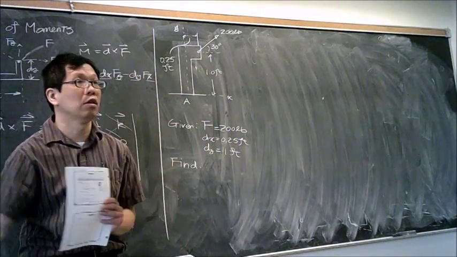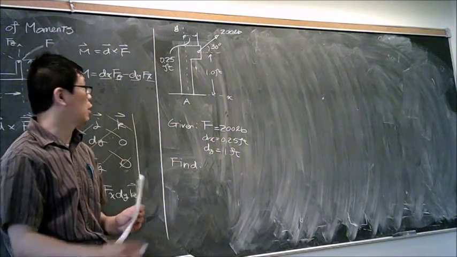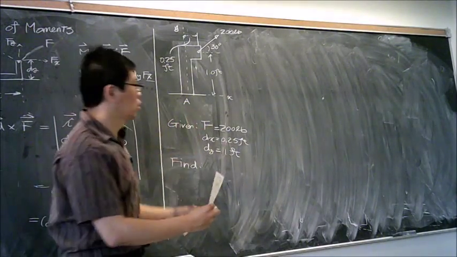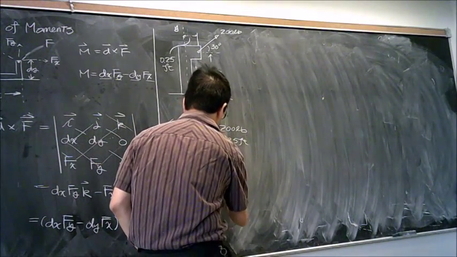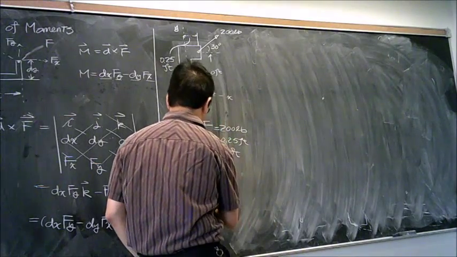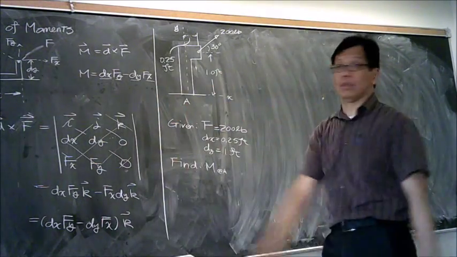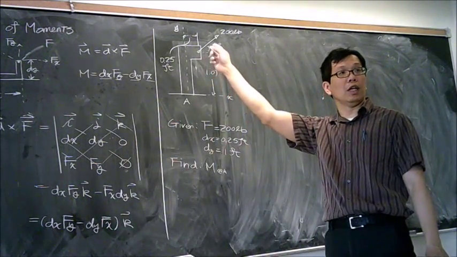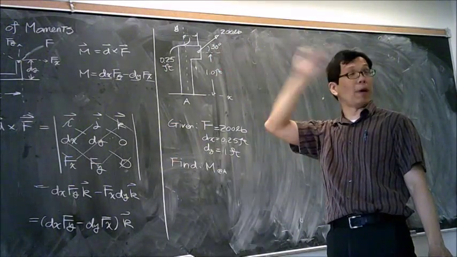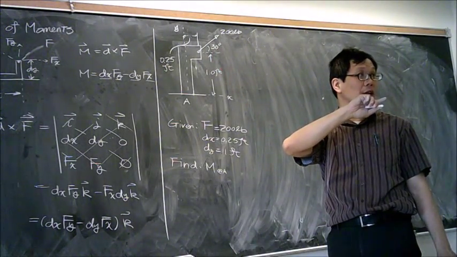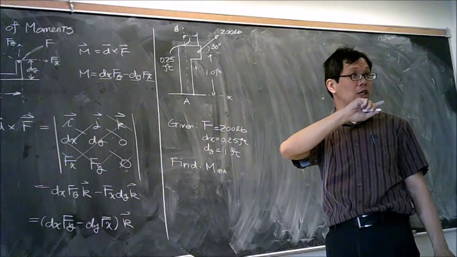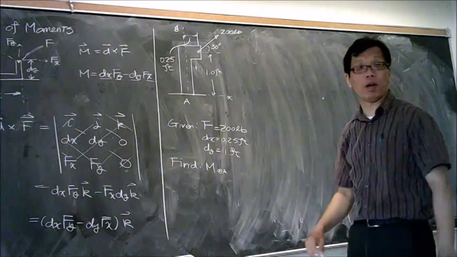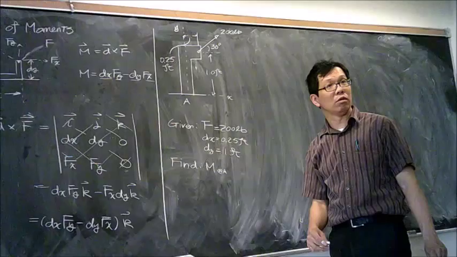What do we need to find? We want to find the moment created at point A. Okay, so this configuration is the free body diagram itself, so I'm not going to adjust anything over here. But so far, does everybody understand what we're trying to do?